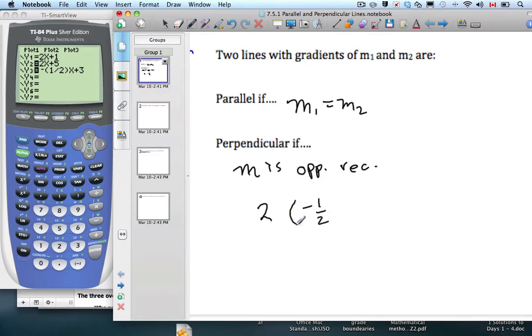So if I multiplied those two together, I would get negative 2 over 2, which is negative 1. So we know that our gradients are perpendicular if m1 times m2 equals negative 1.